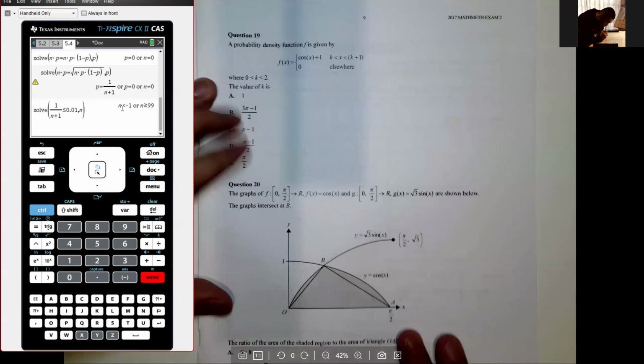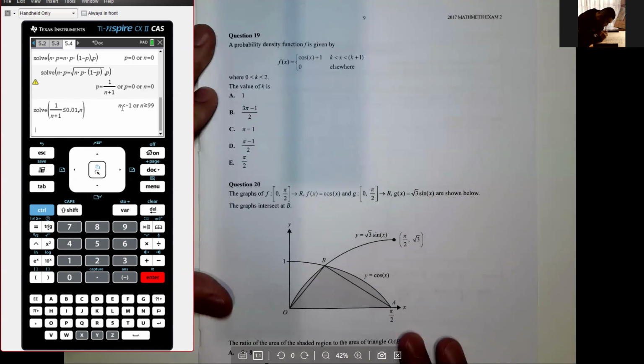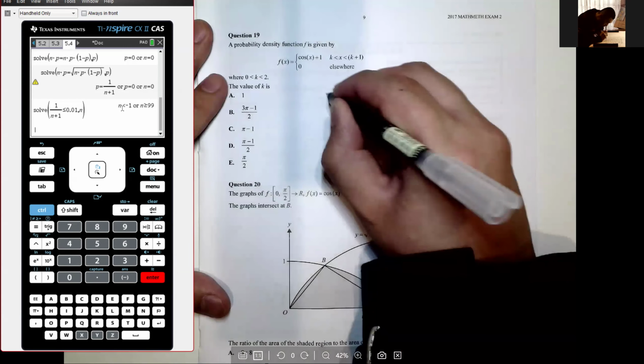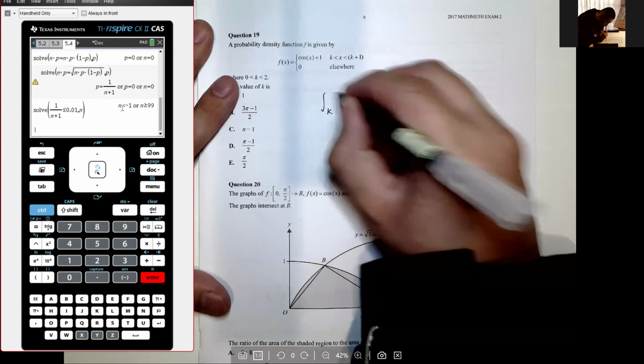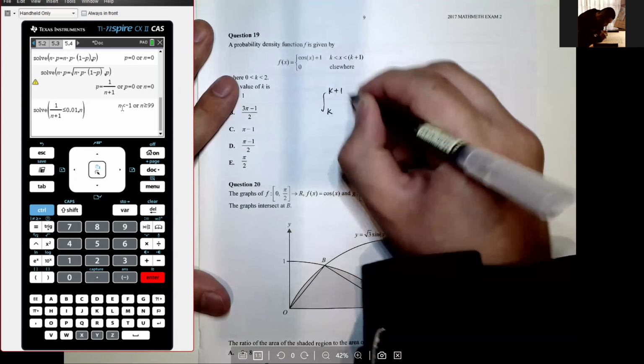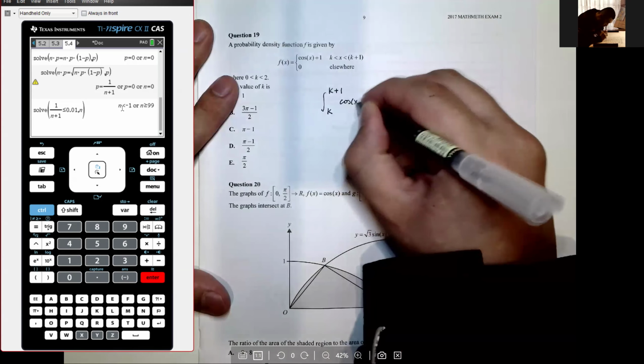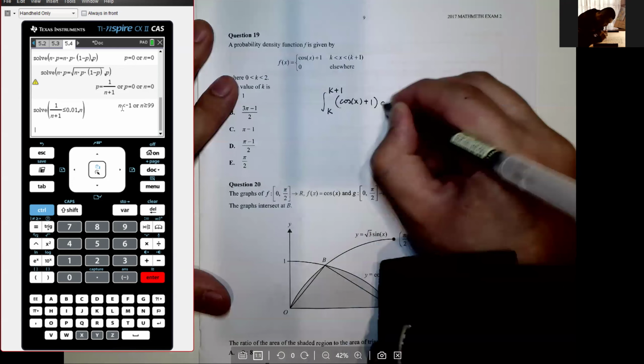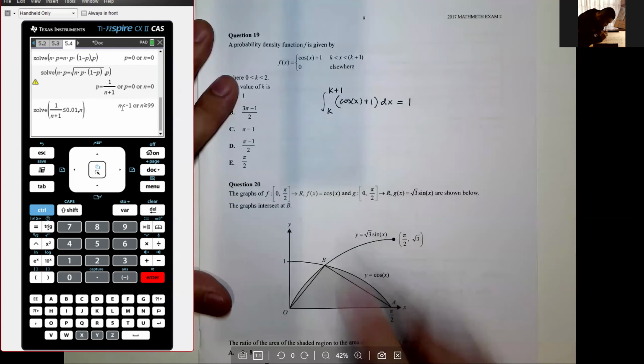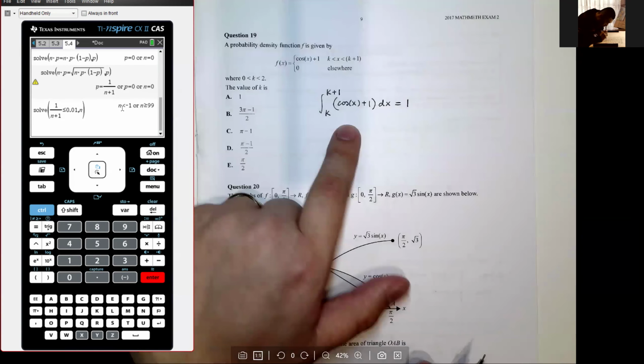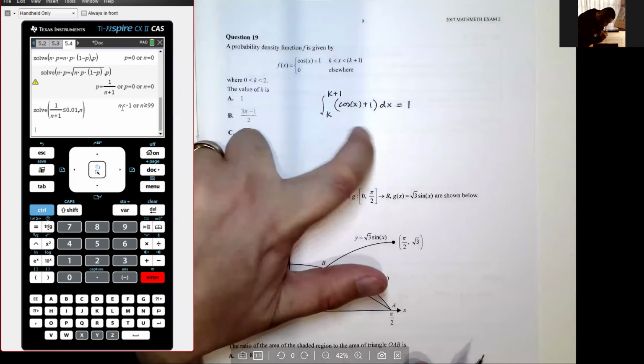Question 19 is a very, very straightforward probability density function question. If it's a probability density function, the integration over k to k plus 1 of cosine x plus 1 dx equals 1, okay? The total area over the effective region should be equal to 1.